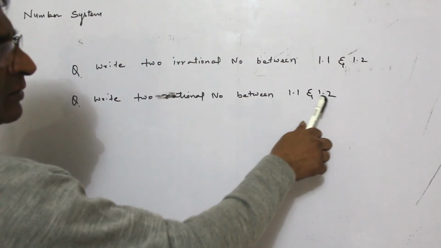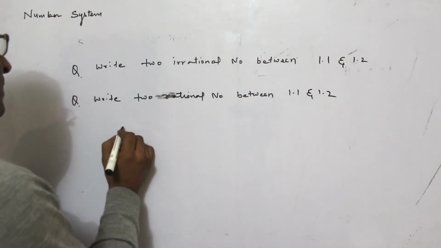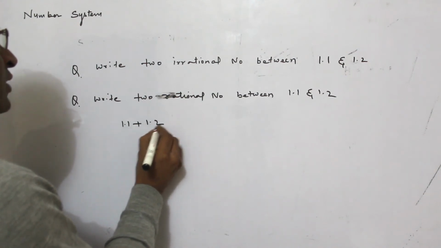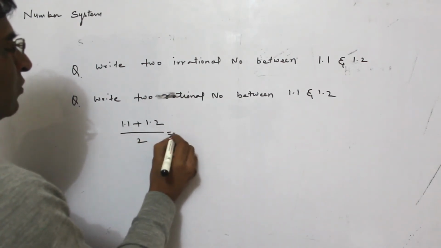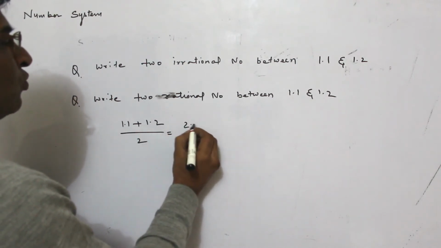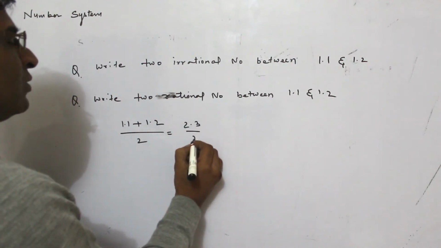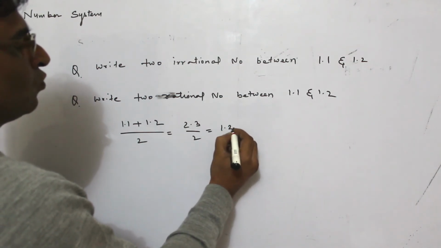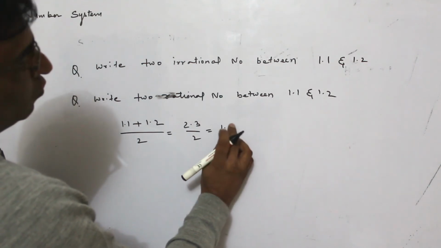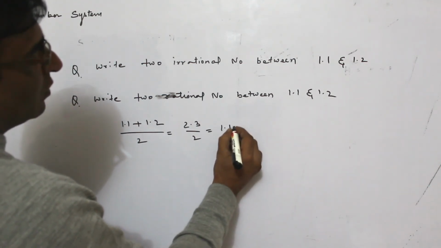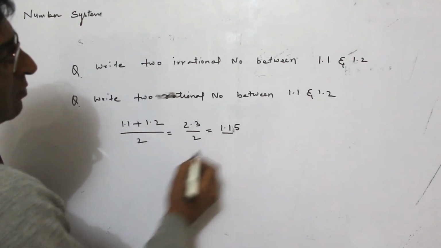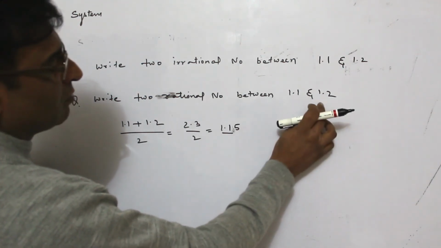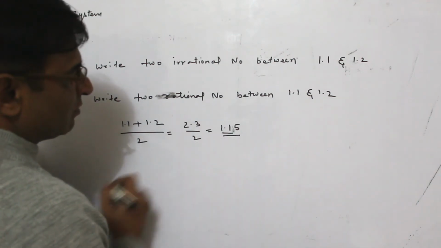We add them and divide by 2. Like 1.1 plus 1.2 divided by 2 gives us 2.3 by 2, that means 1.15. Now see this number. This number will fall between these two numbers, and this is a rational number.